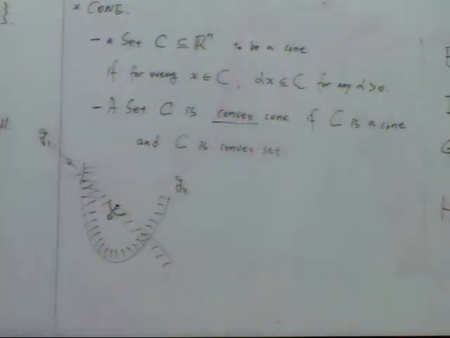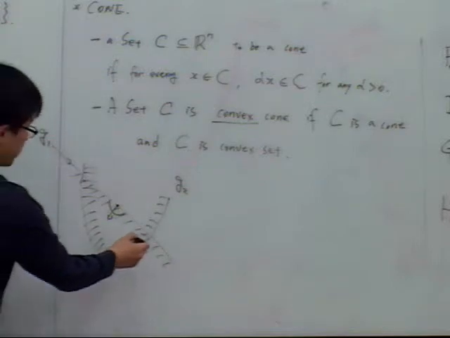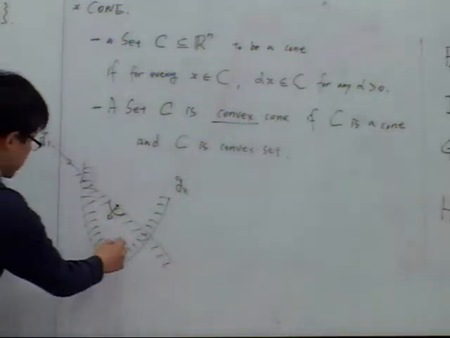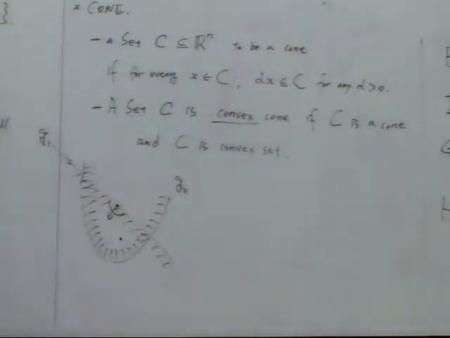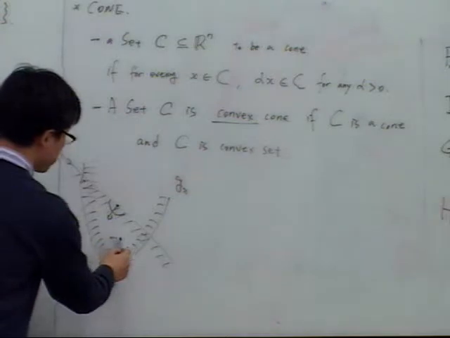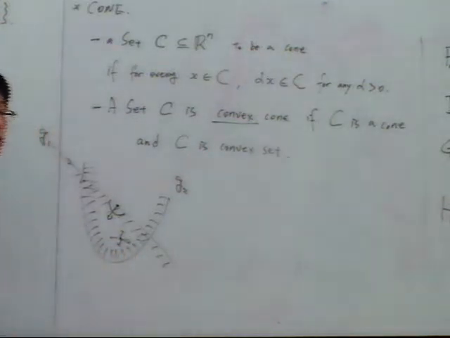Okay. Let me first introduce what is the binding constraint. If you are here, you do not feel any boundaries. You can freely move here and there a little bit.